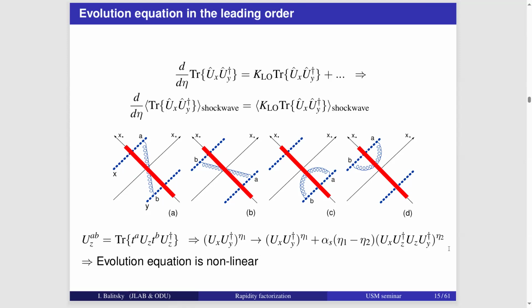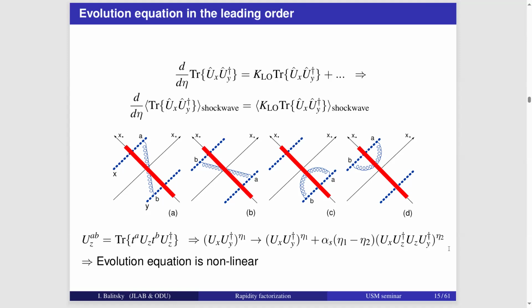One Wilson line in the adjoint representation is equivalent to two Wilson lines in the quark representation. So what you get after the evolution is a nonlinear equation. You have two Wilson lines, one dipole, in the beginning, and then you will have two dipoles, one between this and this, and another between this and this.